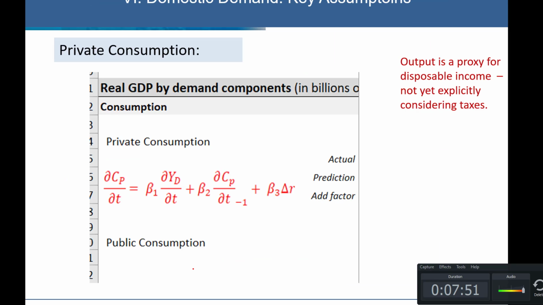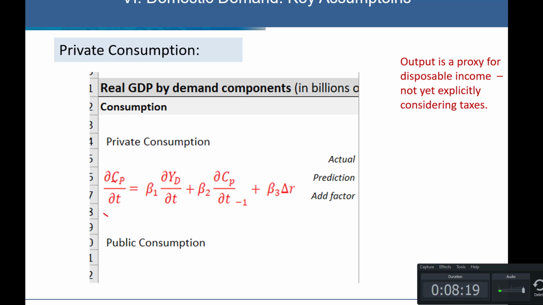Okay? So now we're going to look more deeply at the precise functional form. As you can see here, we'll find out that this is going to be in first differences of percentage changes. So we want to think of these as logarithms.